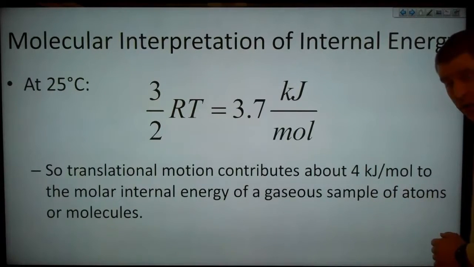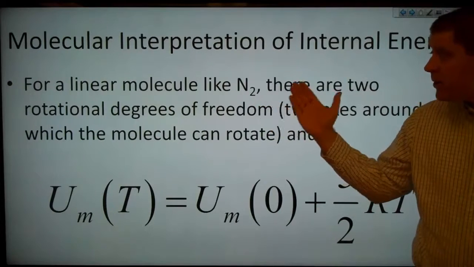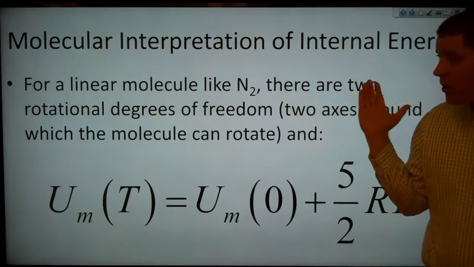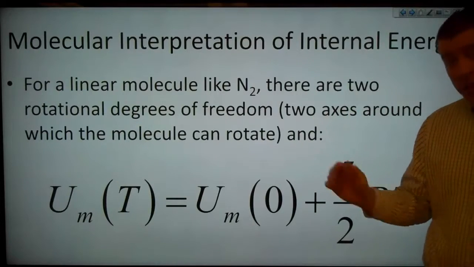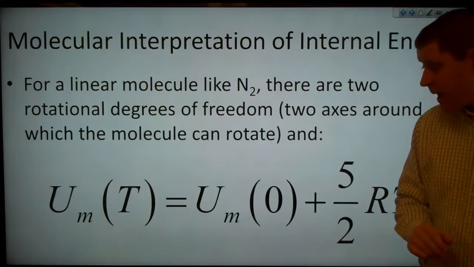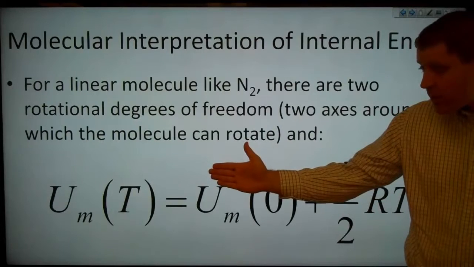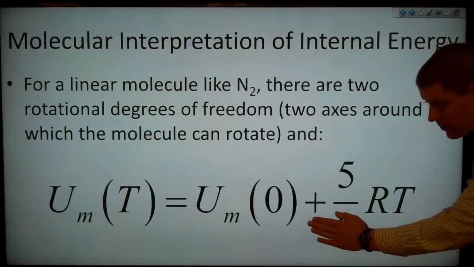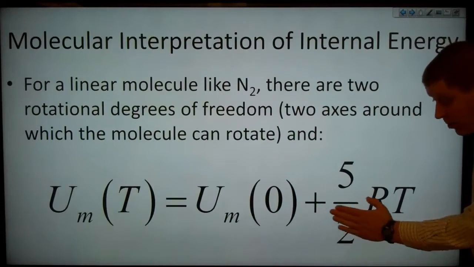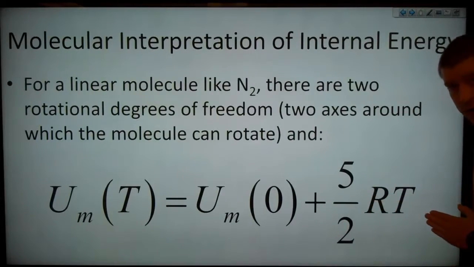For a linear molecule, like nitrogen, there are 2 rotational degrees of freedom, 2 axes around which that molecule can rotate. And that means that then the molar internal energy at some temperature T is equal to the molar internal energy at absolute 0 plus 5/2 RT.